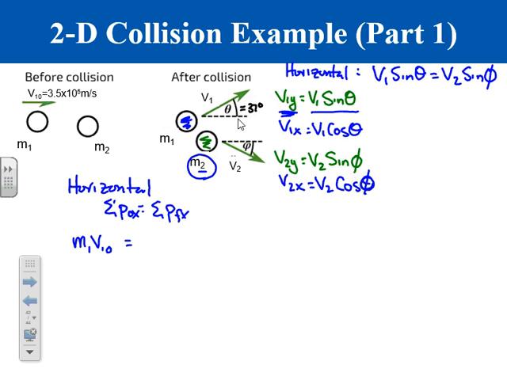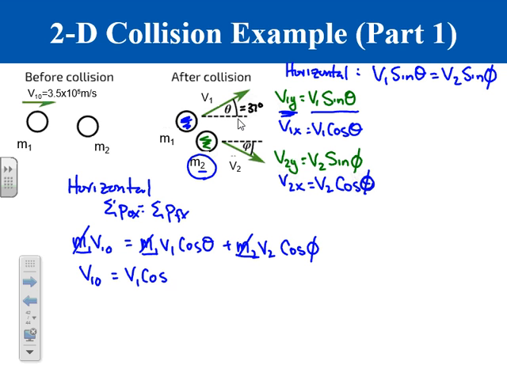And we're going to use that a lot of the same way that we did before. So I have m1 times v1 cosine theta plus m2 v2 cosine psi. And again, these masses are all the same, and because they're on all of our terms, they're going to drop out. Okay, and we get an expression for v1 initial is v1 cosine theta plus v2 cosine psi.